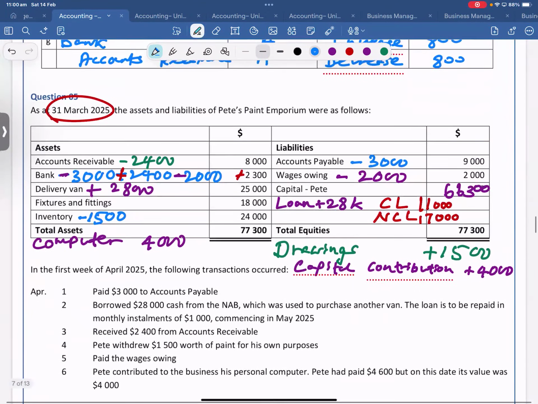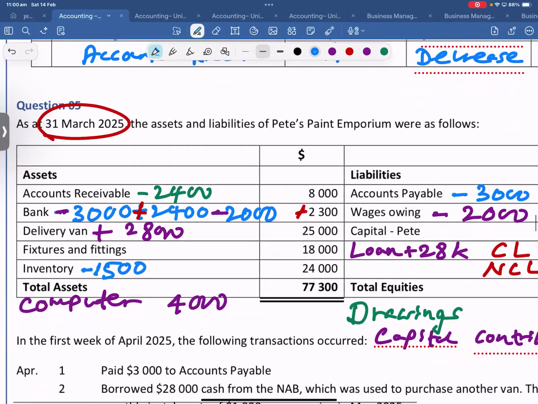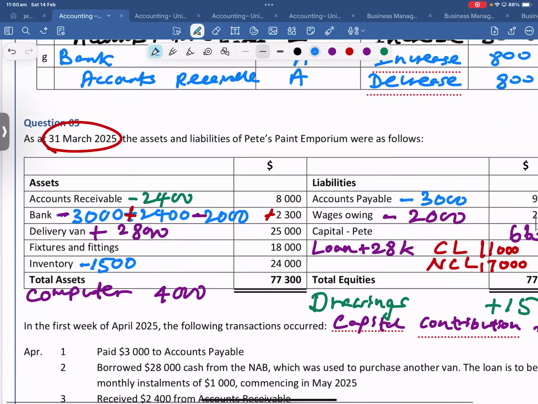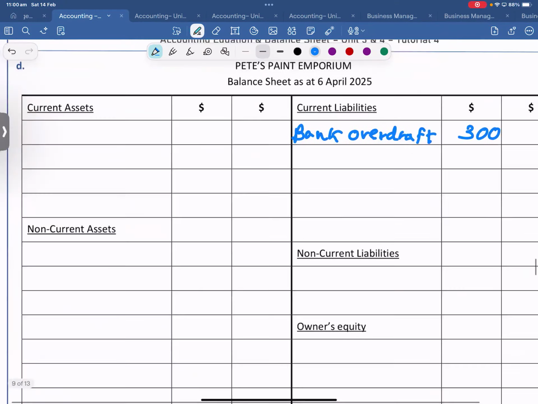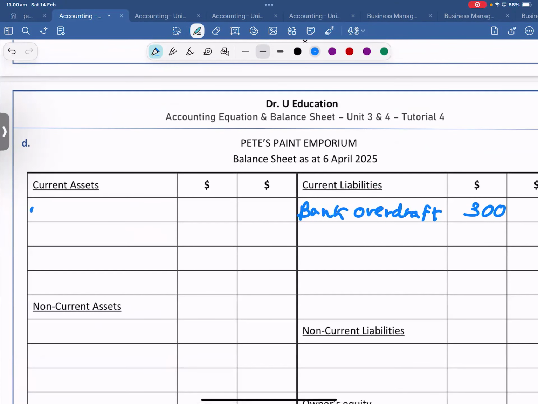Okay, next one. We'll start with the accounts receivable. It becomes 5,600. So accounts receivable, $5,600.